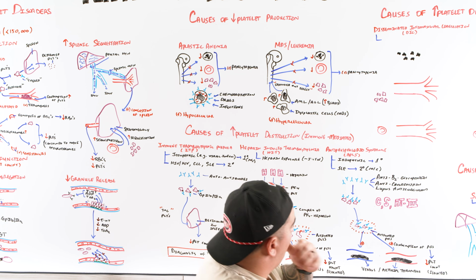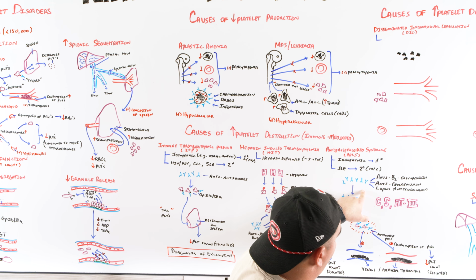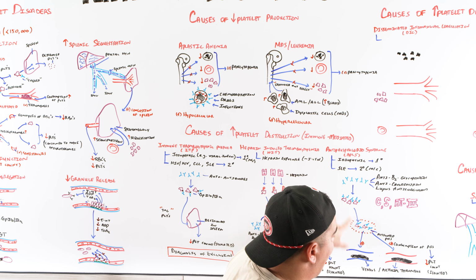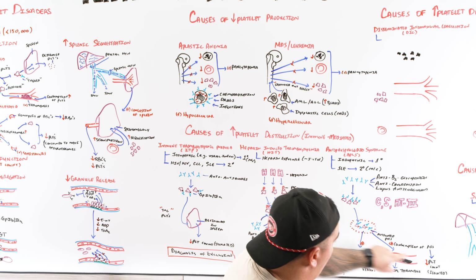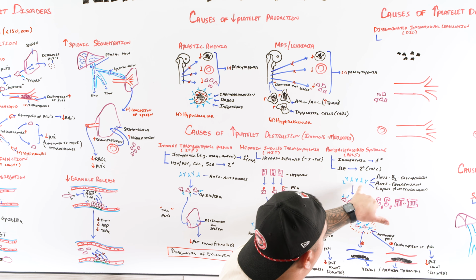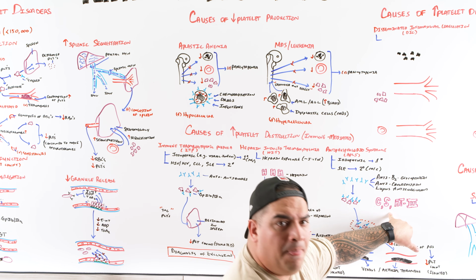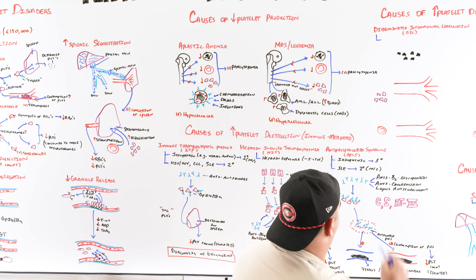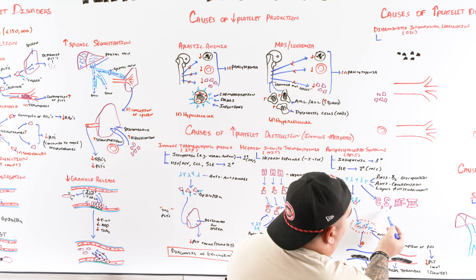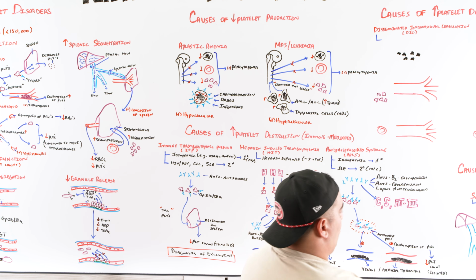Now, with antiphospholipid syndrome, we know that it's not just the platelets that are getting activated that cause these clots, this hypercoagulable state, which consumes platelets and causes thrombocytopenia. We also know that these antibodies can also work against certain types of clotting proteins. And we'll talk about this more in the coagulopathy lecture, but we know that this may have an effect on our anticoagulants.